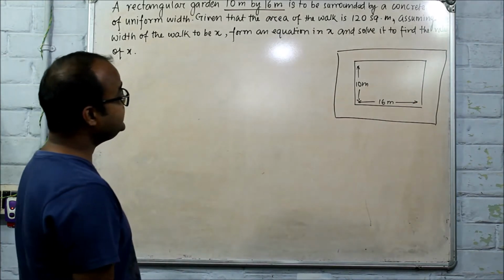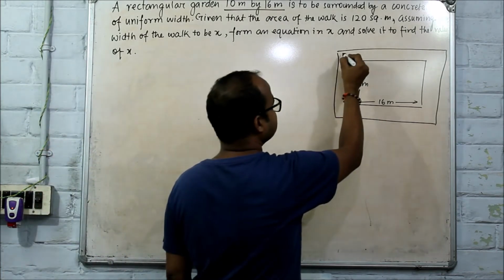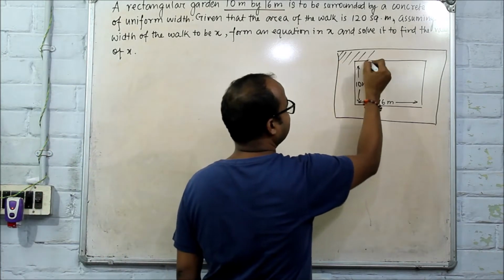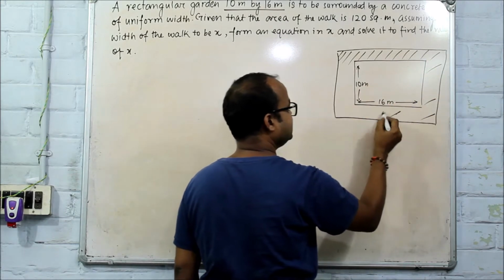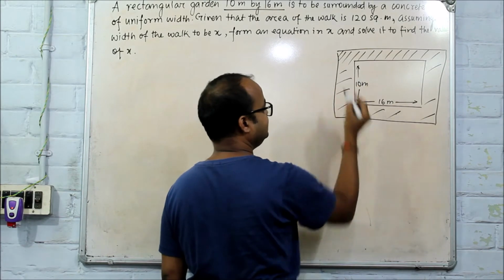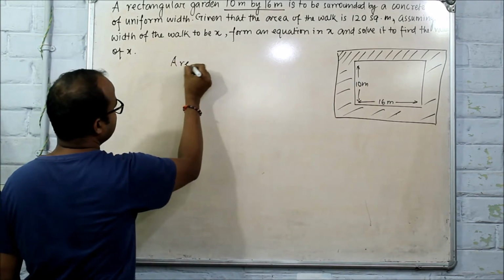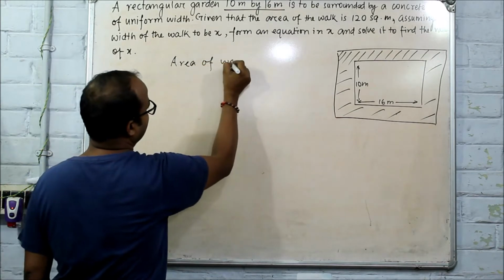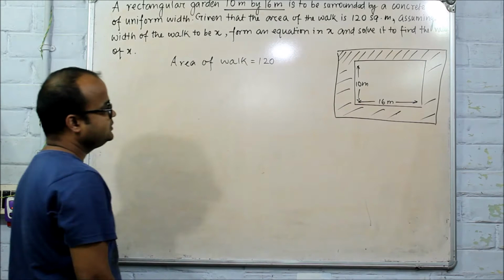Given that the area of the walk is 120 square meter. This shaded region is the area of the walk. So I am writing the information: the area of the walk is given as 120 square meter.